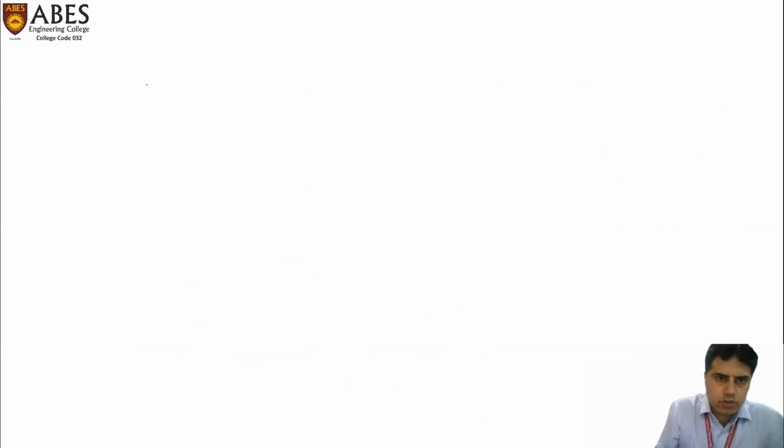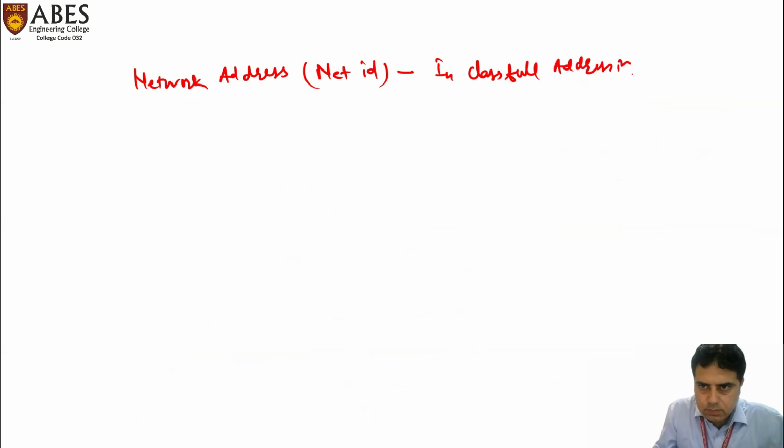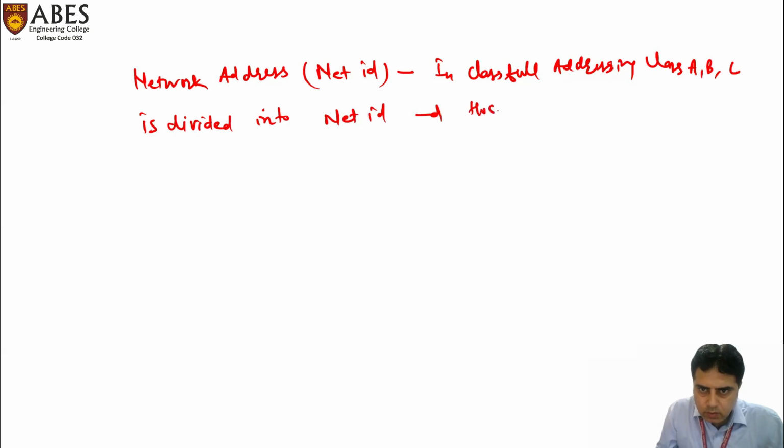So the next question is, what is network address? So in classful addressing, class A, B, and C are divided into network ID and host ID.